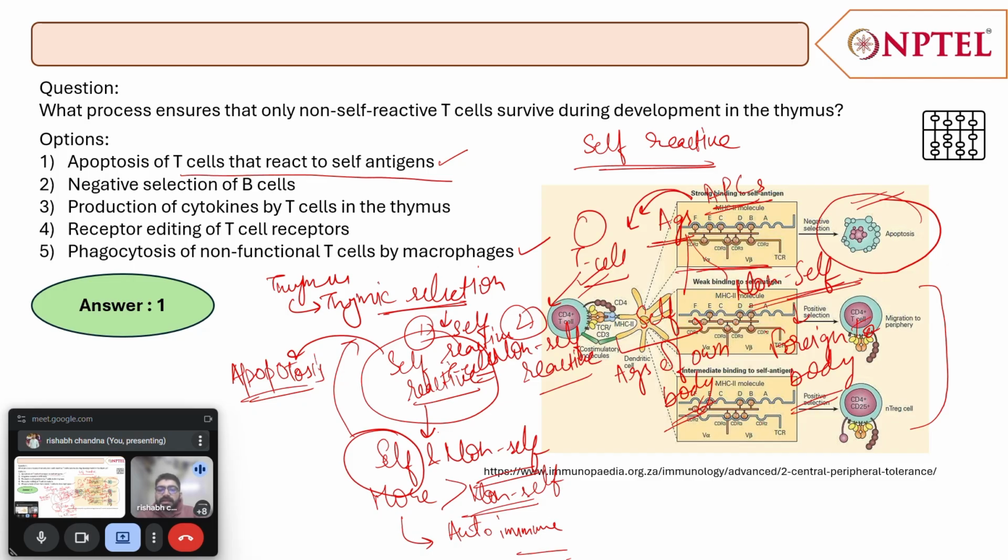Those are retained in the body, so they move to the positive selection so that they can differentiate and regulate the immune responses. They also play an important role in immune tolerance or peripheral tolerance in the body. Okay, so any doubts in this particular question?